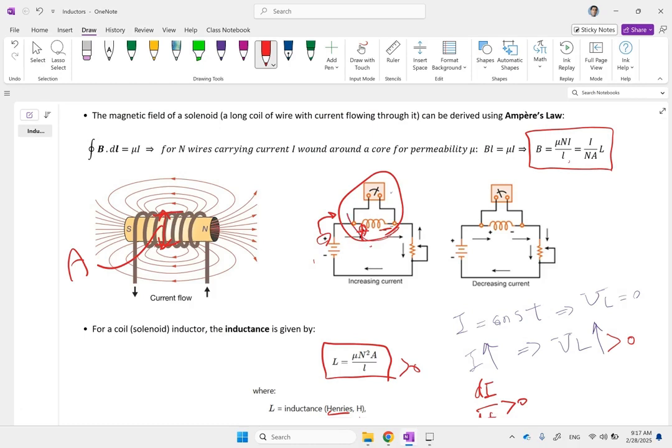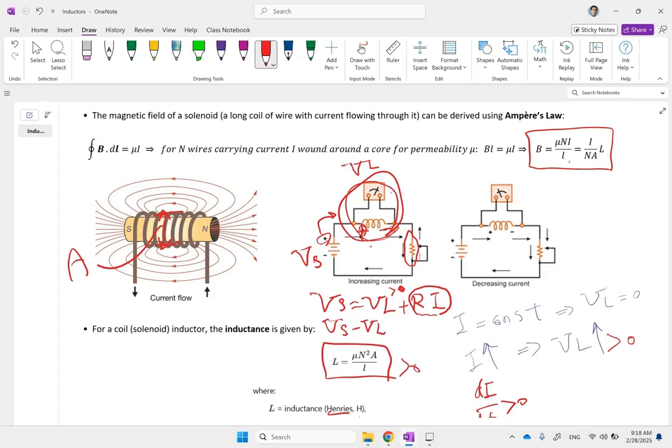And when it creates a voltage drop, the voltage across this resistor is going to be the supply voltage minus the voltage of the inductor, correct? So in this case, Vs equals VL plus R times I. And when this VL is positive, the total voltage available across the resistor is going to be Vs minus VL.